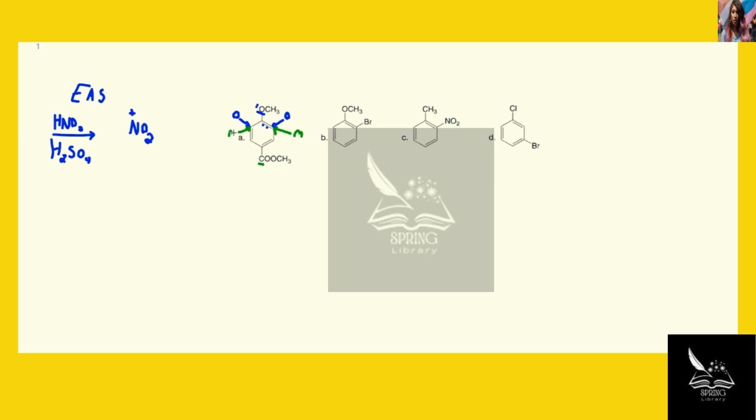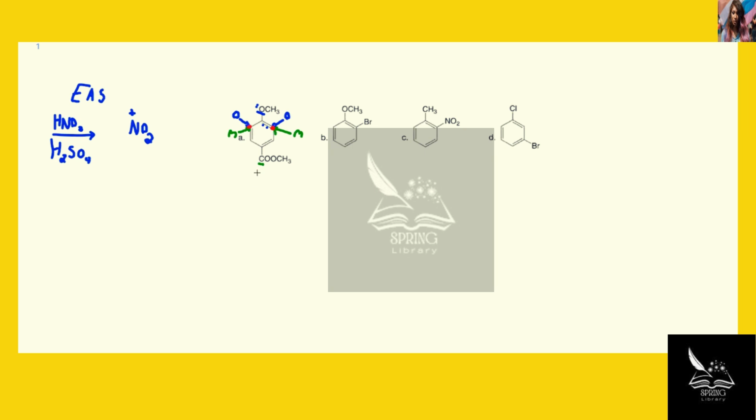These are meta to this ester here, however, they're ortho to the methoxy up here. So in essence, we have two substituents, and both of them are directing their effect on these two carbons.